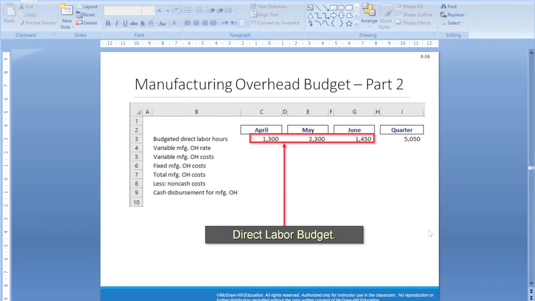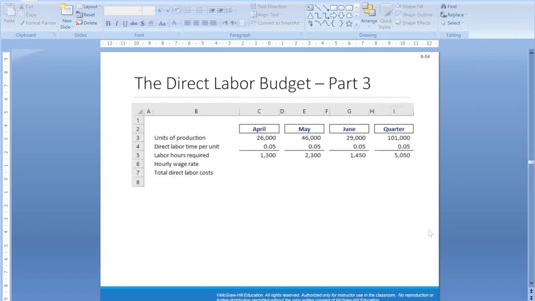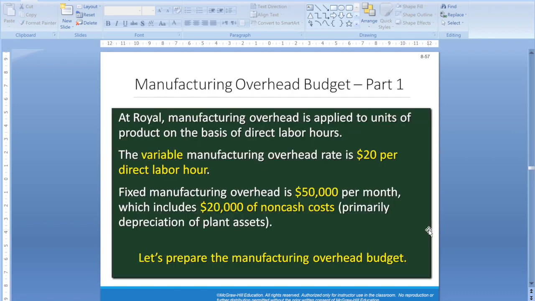For our example here, go back to this example. At the beginning of the example, I told you that the manufacturing overhead is applied to units of production on the basis of direct labor hours. Now, all the numbers or the costs of the manufacturing overhead should depend on this base. Why? Because we assign it. We assume that most of the manufacturing overhead expenses depend on the labor hours. So suppose that I change this base to machine hours.